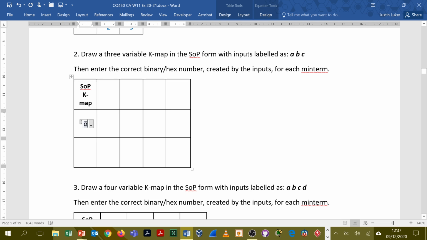So this is A. So remember, start with the not, and then we have B. So I just need to change that to not B. And remember, with sum of products, it's AND.